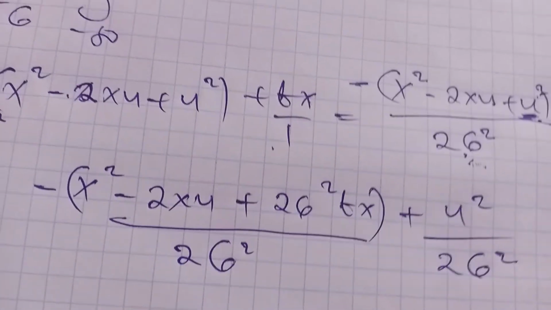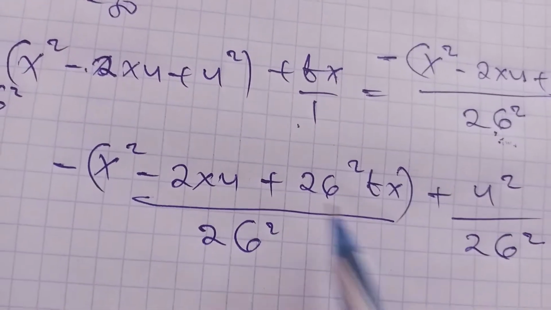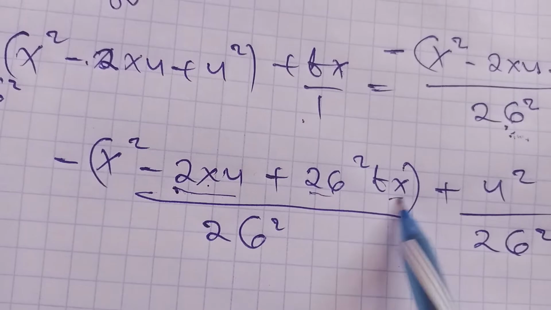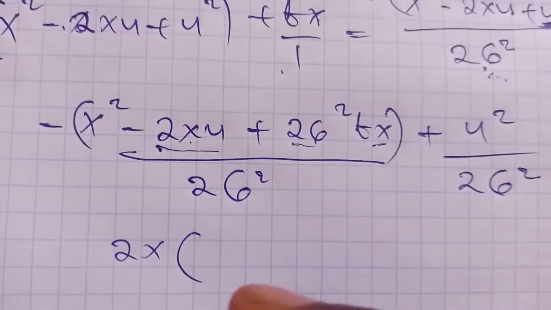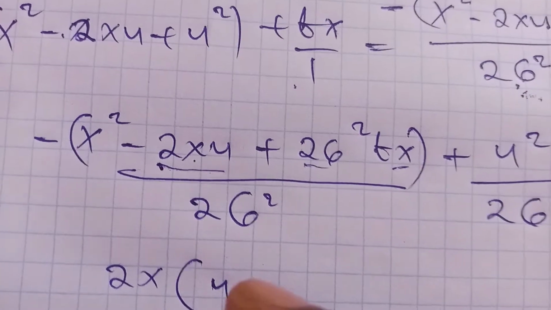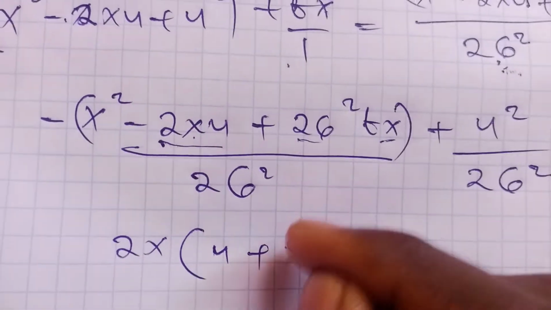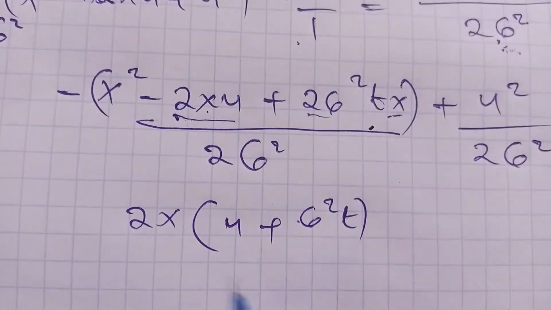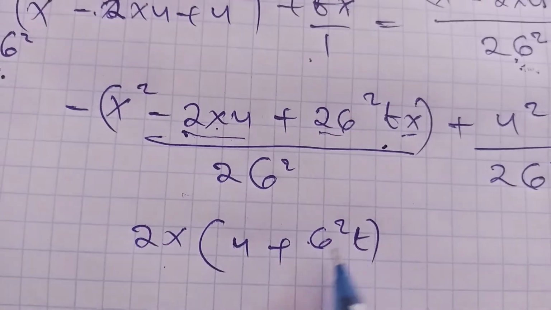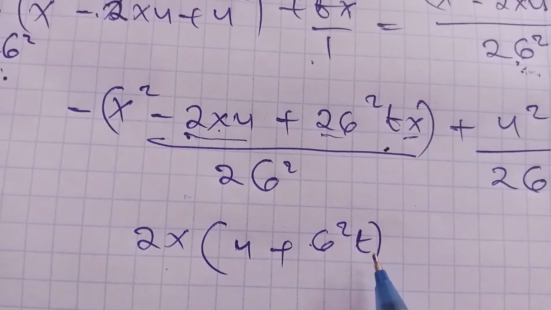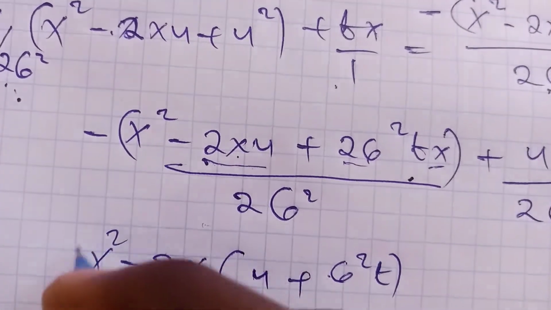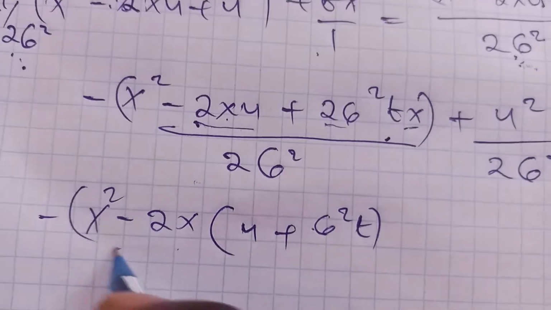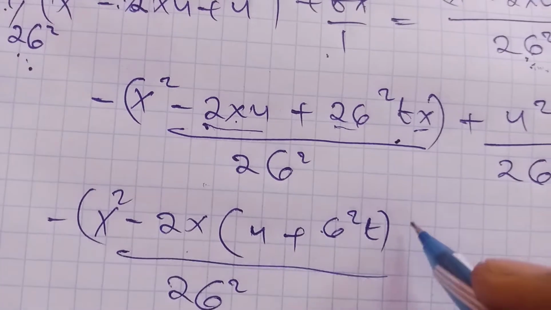After that, you can factor out 2x in this equation. You can factor out 2x, so you will be left with 2x times (u plus sigma squared t), and then there is an x squared, then a minus, and this will be divided by 2 sigma squared.